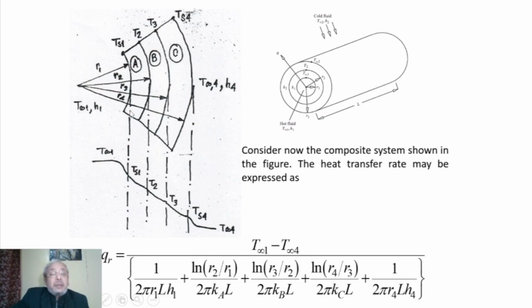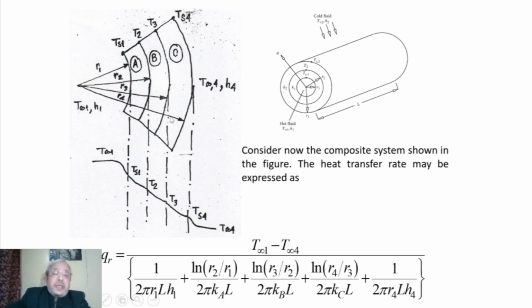And for the temperature variation, you can see T infinity 1 is at a higher temperature, and from there we are getting the variation which is logarithmic variation within the material, which are basically radial shells.